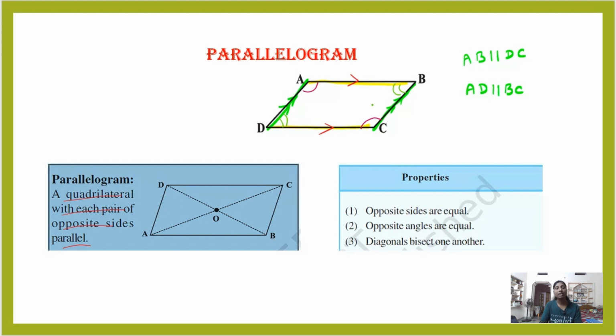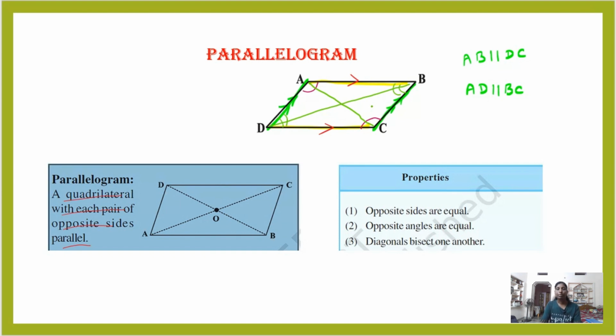And what are the diagonals of a parallelogram? A diagonal is a line which joins opposite vertices. D and B are opposite vertices, so this line is a diagonal. A and C are opposite vertices, so this line is also a diagonal. A parallelogram has two diagonals.